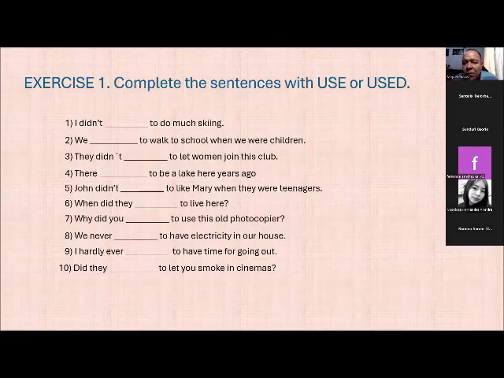Remember that we use "use" when we have the particle "didn't" or "did" as an auxiliary verb. And we use "used" with affirmative sentences only. A volunteer to complete the first sentence, please.